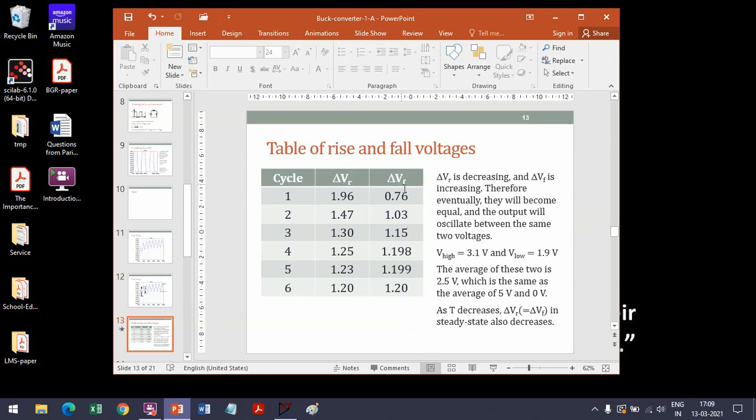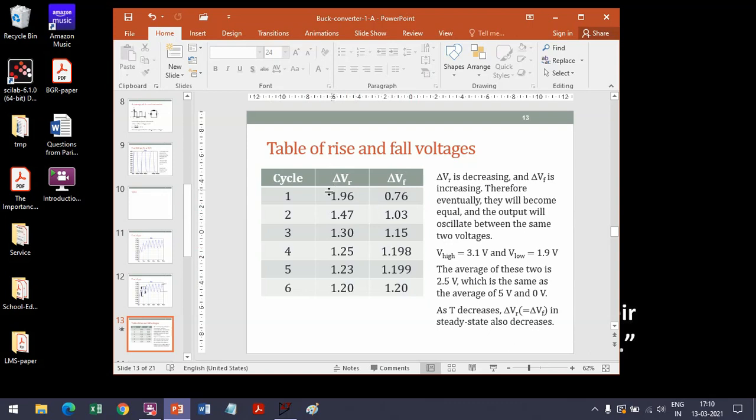The magnitude of the falling voltage is 0.76 volts. And as we go through successive cycles, delta VR is decreasing, from 1.96 to 1.20. At the same time, delta VF, as we go through successive cycles, is increasing from 0.76 to 1 to 1.1 and so on. So one is decreasing, one is increasing.